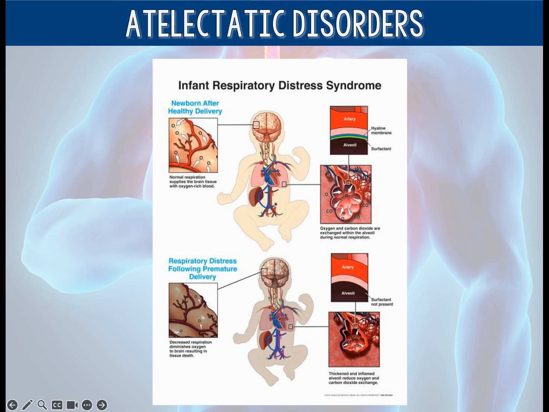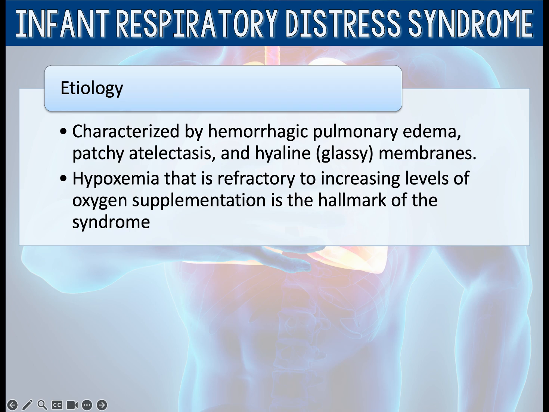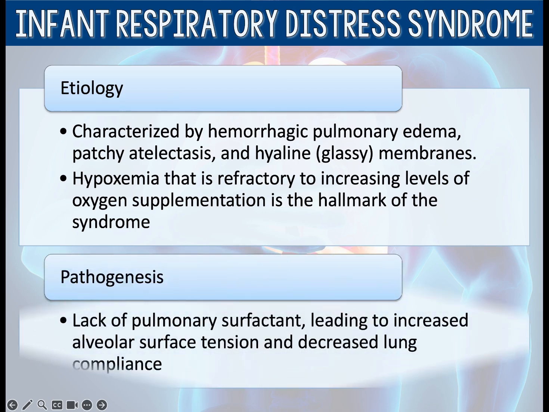There's also infant respiratory distress syndrome. We're not going to go through this very thoroughly because you're probably going to talk about it in your pediatric rotation, but the difference here is that infant respiratory distress syndrome is because there is a lack of pulmonary surfactant, and of course this leads to increased alveolar surface tension, and that means that your alveoli are collapsing, and then you have decreased lung compliance.